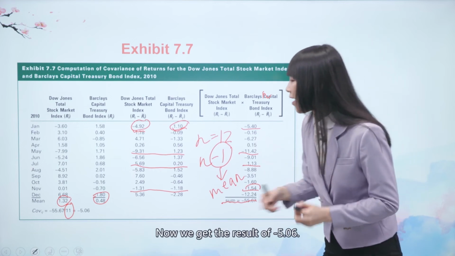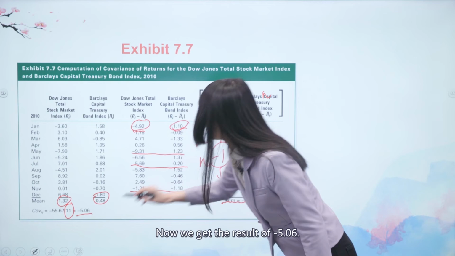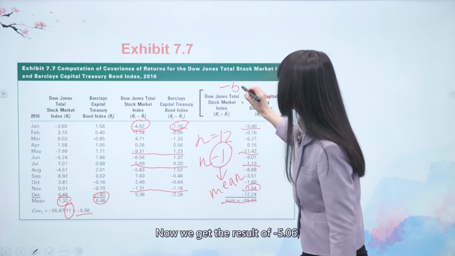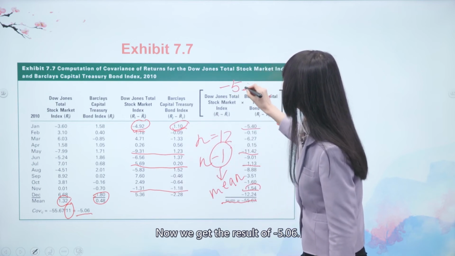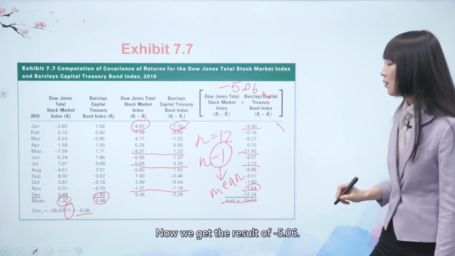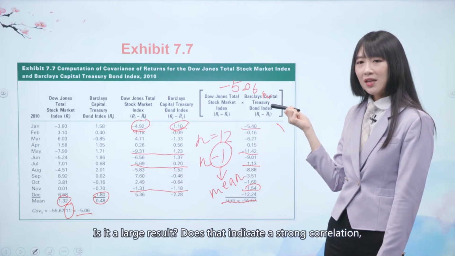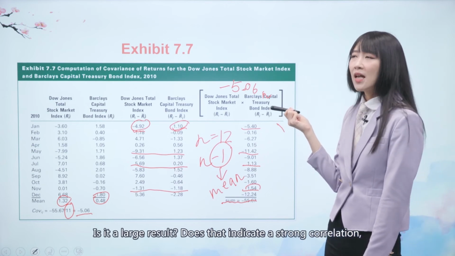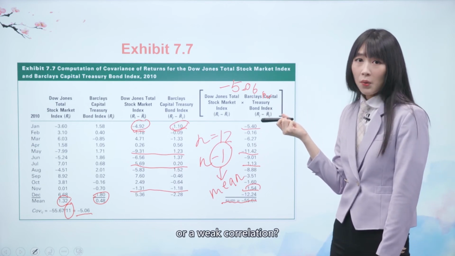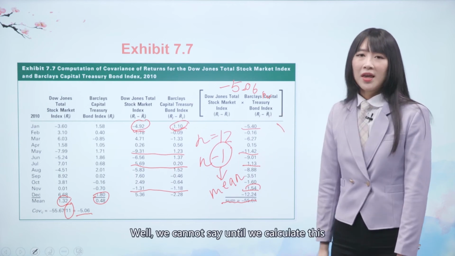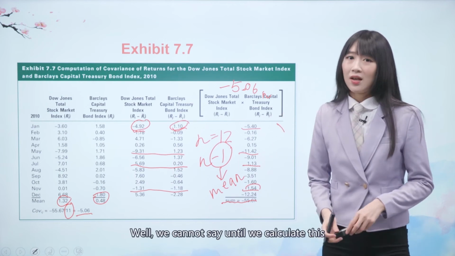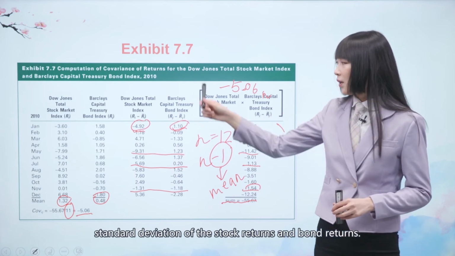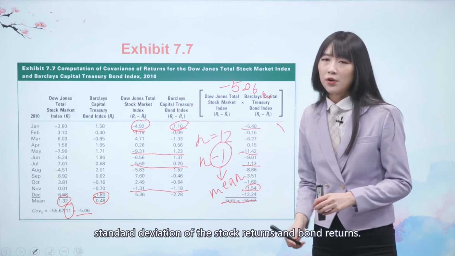Now, we get the result of -5.06. So, is it a large result? Does that indicate a strong correlation or a weak correlation? Well, we cannot say until we calculate the standard deviation of the stock returns and the bond returns.